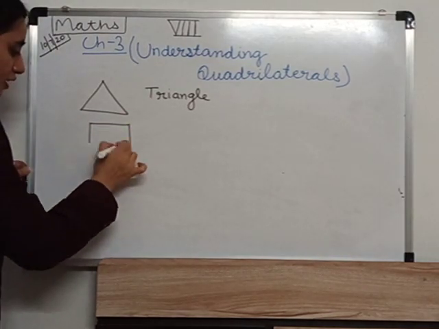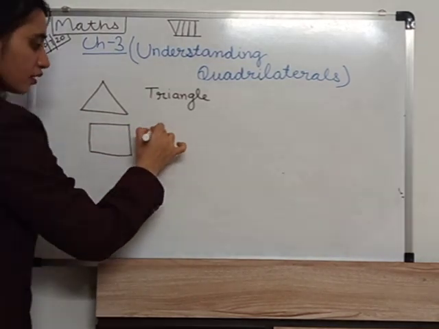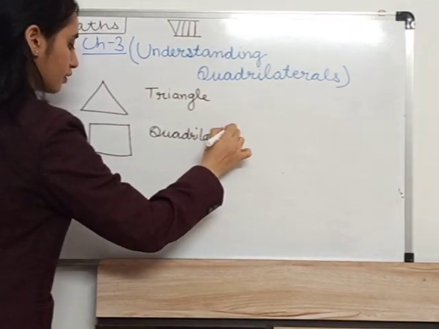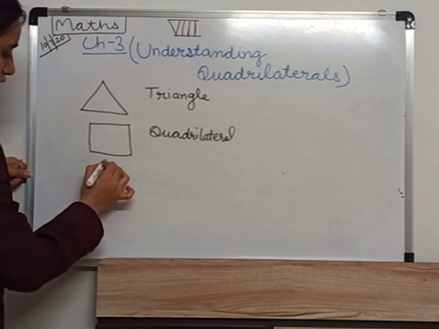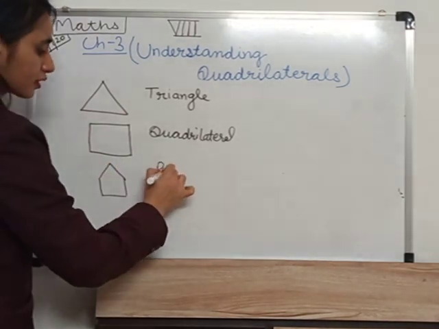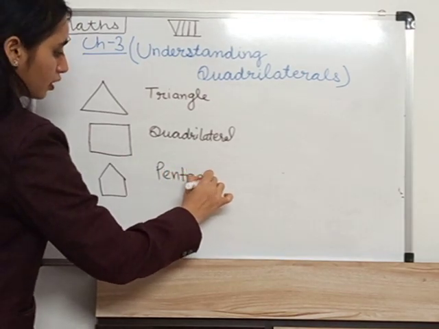The name of this polygon is quadrilateral. And the name of this polygon having 5 sides is pentagon.